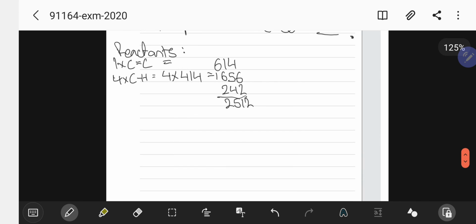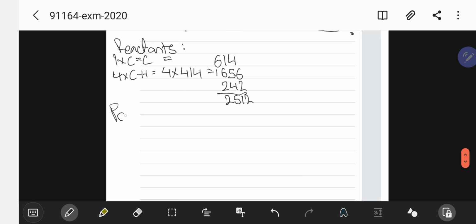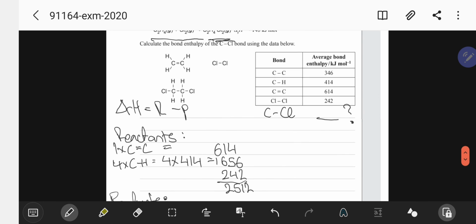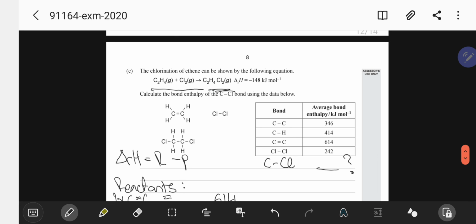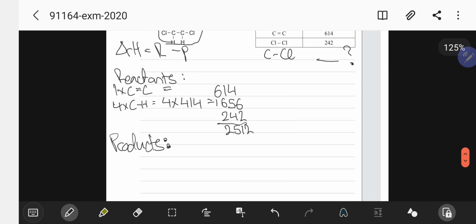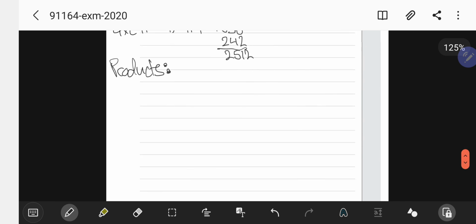Our products are going to be C2H4Cl2, so this is just this. So we've got 1, 2, 3, 4 C-H bonds, sorry.